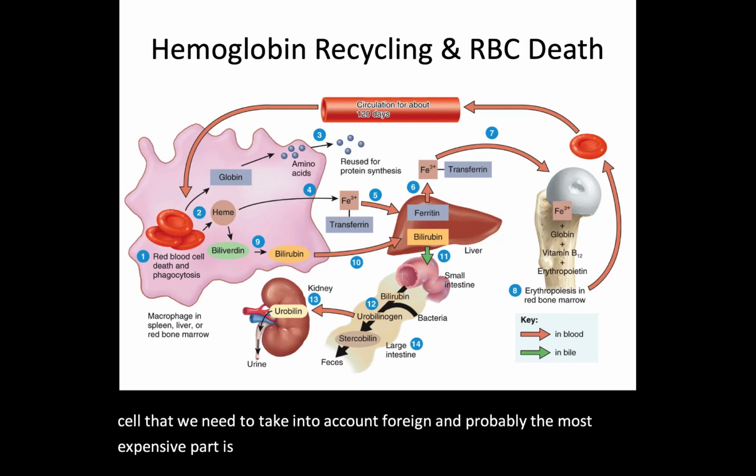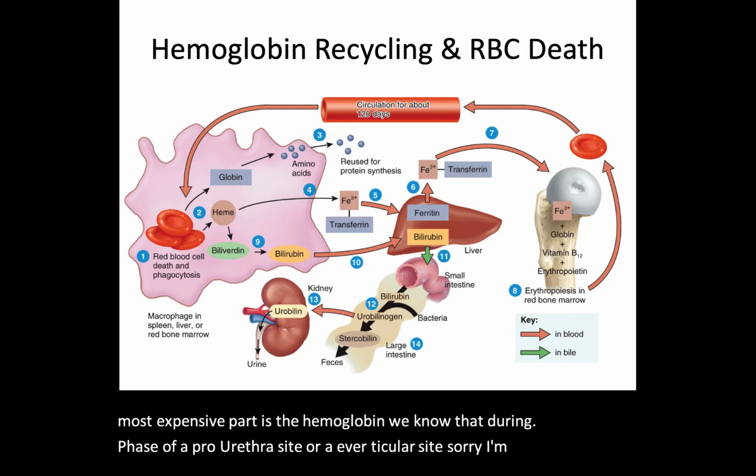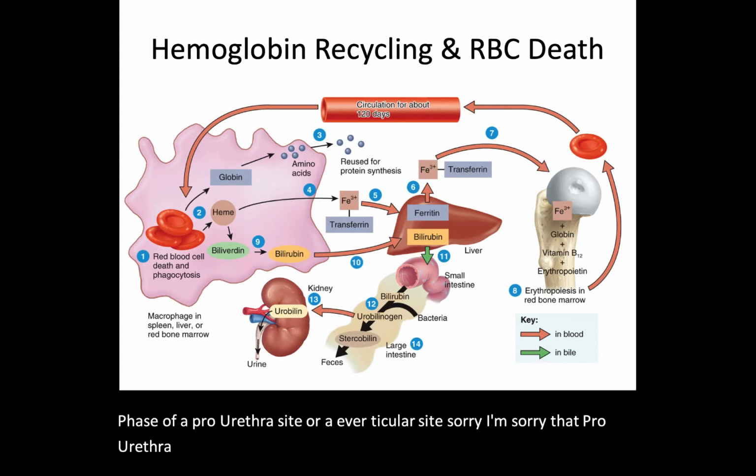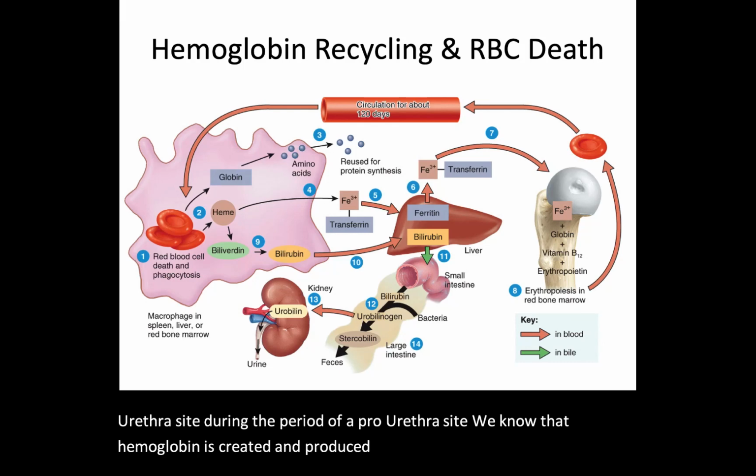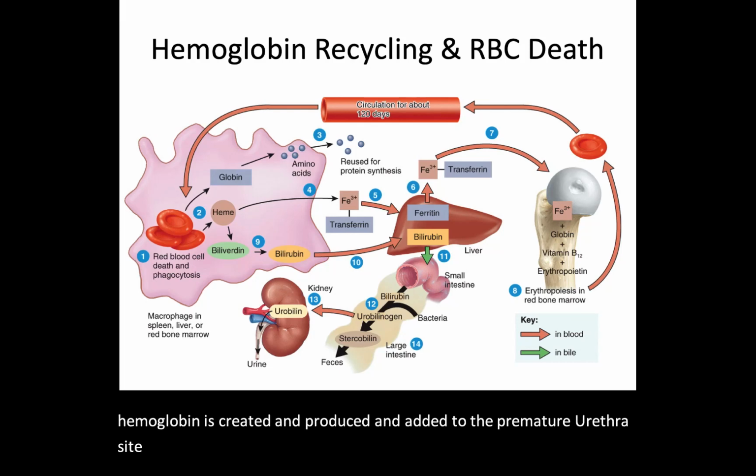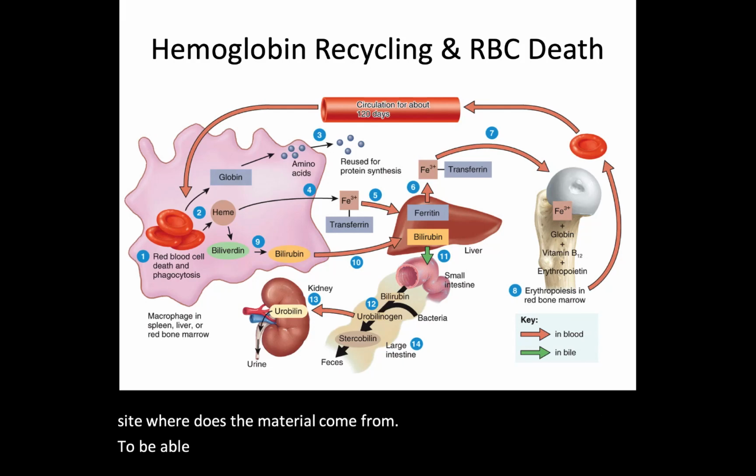We know that during the period of a proerythrocyte or reticulocyte, hemoglobin is created and added to the premature erythrocyte. Where does the material come from to create this hemoglobin? The answer is we recycle the parts.